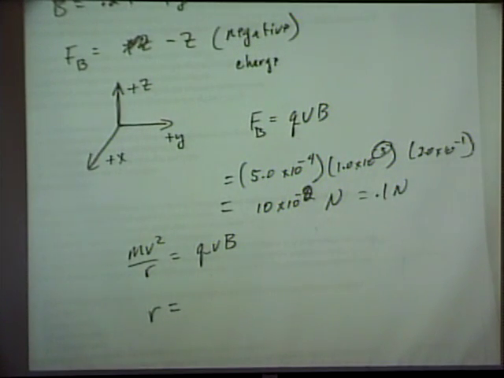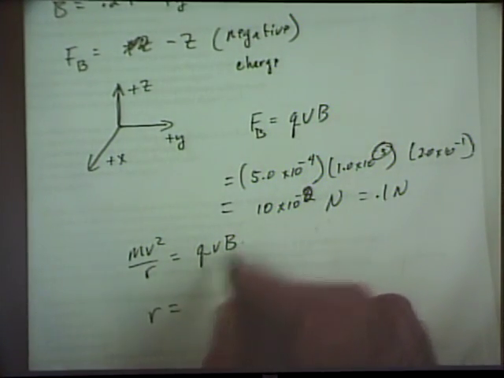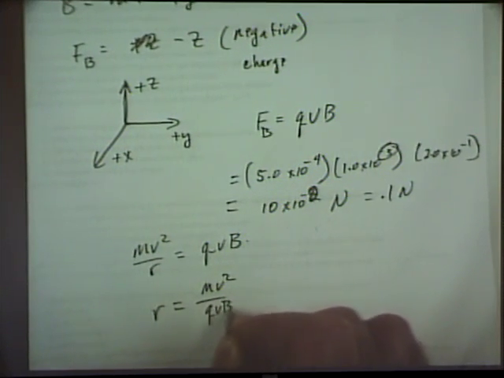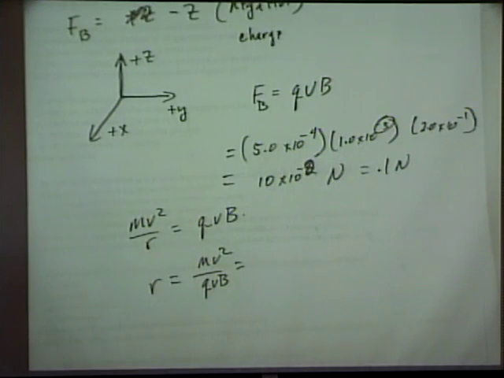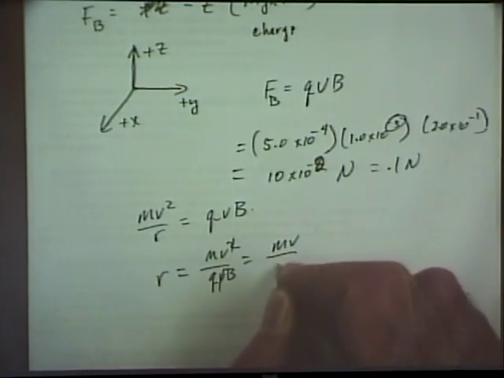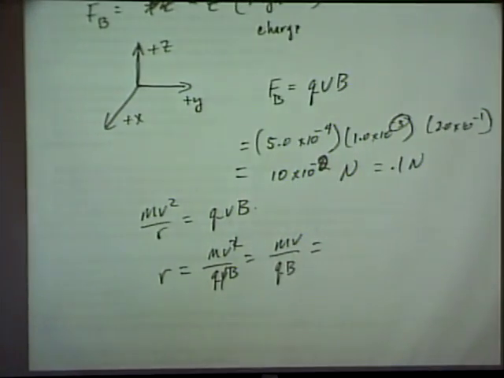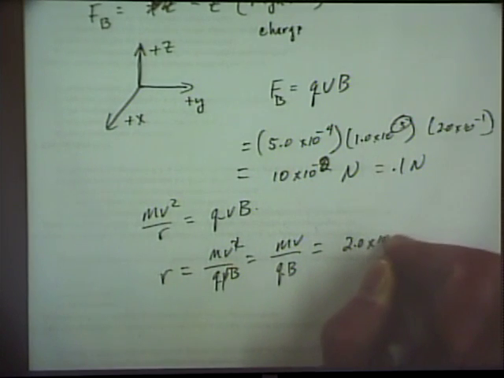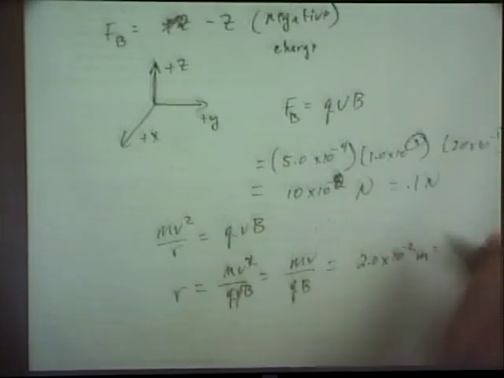We'll just go r equals, multiply by both sides and divide, mv squared over qvb. Sounds like some kind of drugstore. Anyway, that cancels, so we get mv over qb. And so that radius, if we plug in our numbers, comes out to be 2 times 10 to the negative 2 meters, or 0.2 centimeters.